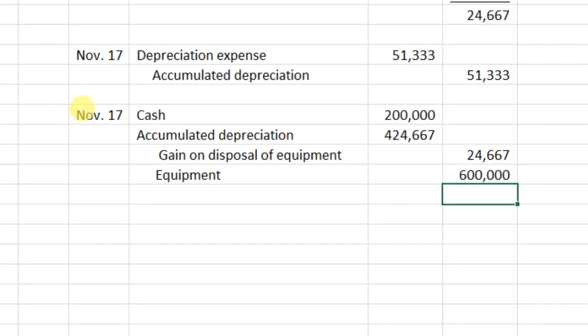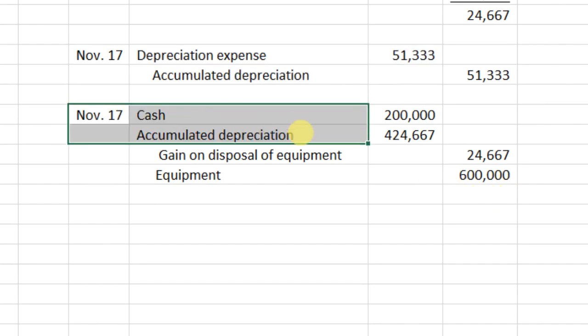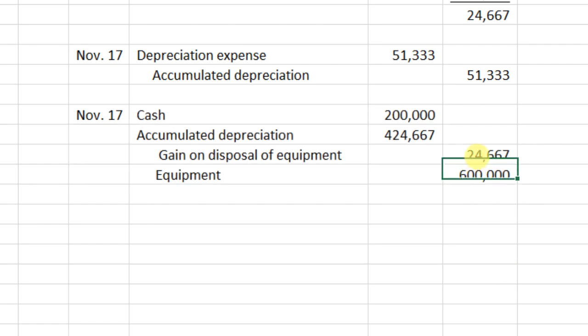Okay, so here's the first entry, bring depreciation expense up to date. Here's the second entry, dispose of the equipment. Now, this is 624,667. This is 624,667. Debits and credits balance.